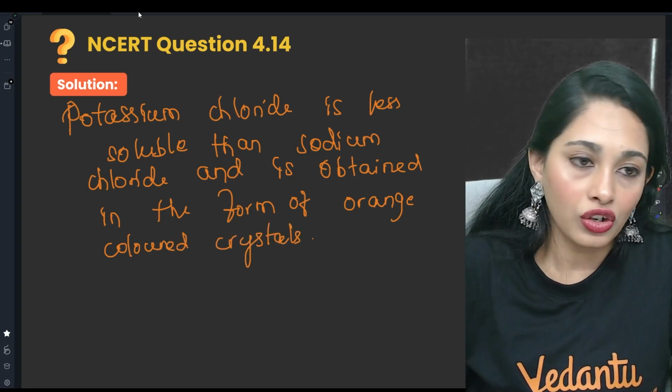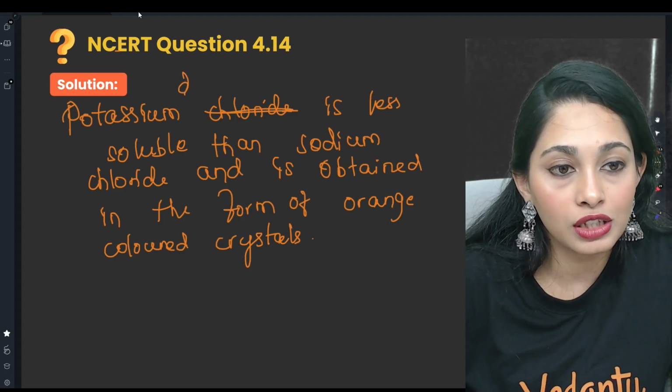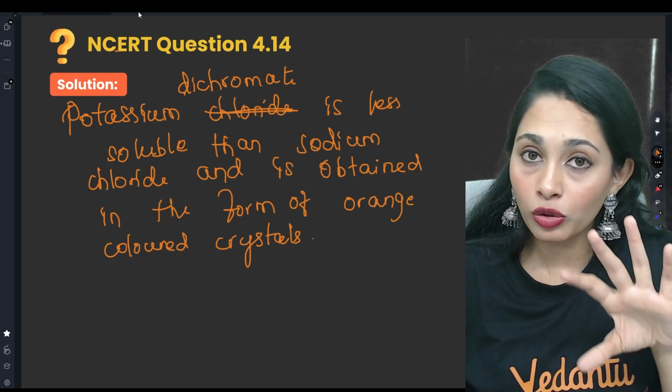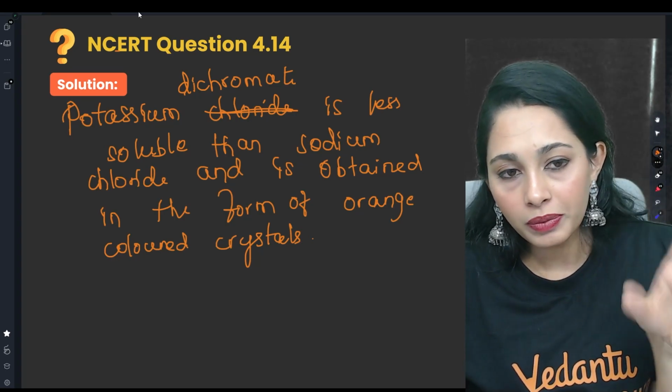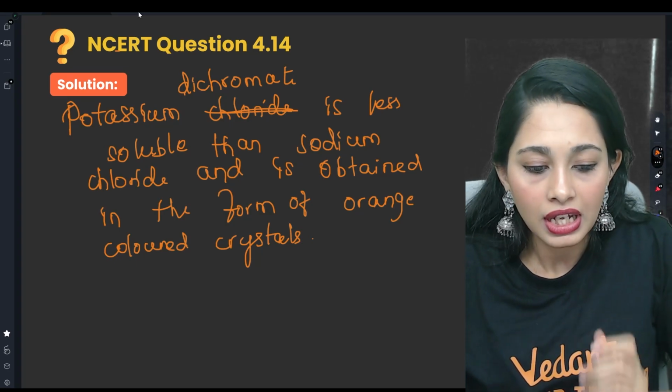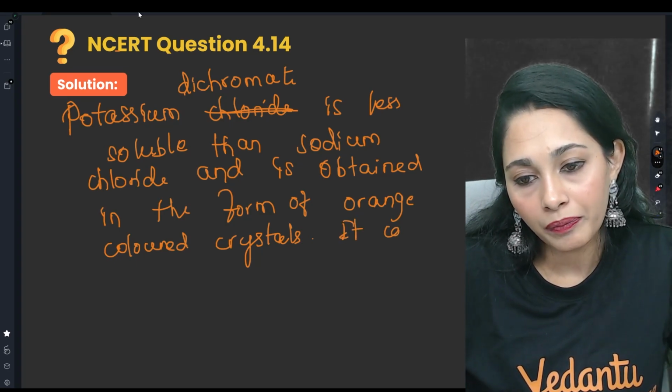So this is not potassium chloride, but this is potassium dichromate. These are the products, right? We have potassium dichromate as well as sodium chloride. So potassium dichromate is less soluble than sodium chloride and it is obtained in the form of orange colored crystals. It can be removed by the filtration method.